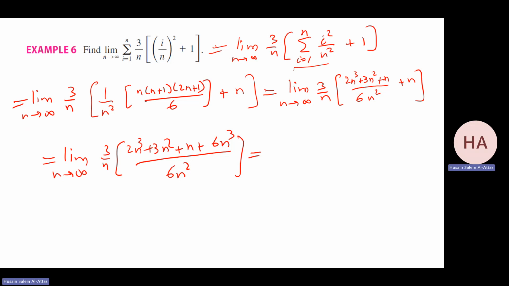I have this with this, 8. Yeah, the 3 can cancel it. This will be 2. That will be 8n cubed plus 3n squared. Don't forget the limit. Limit as n goes to infinity of 8n cubed plus 3n squared plus n over 2n cubed. Same degree, that gives me 8 over 2, which is 4.